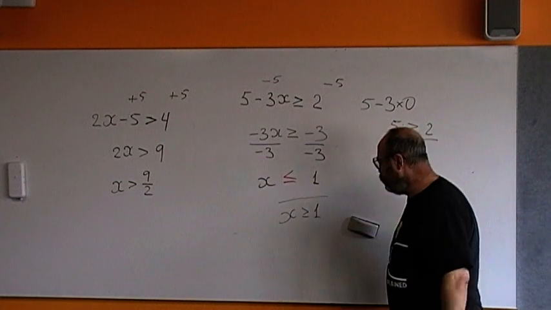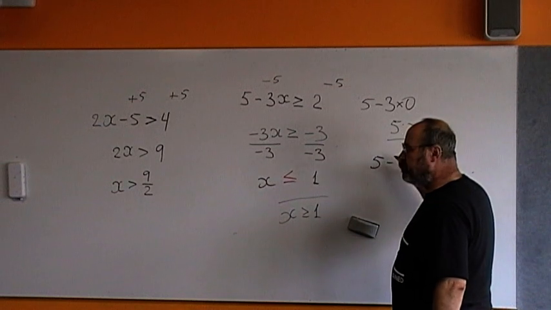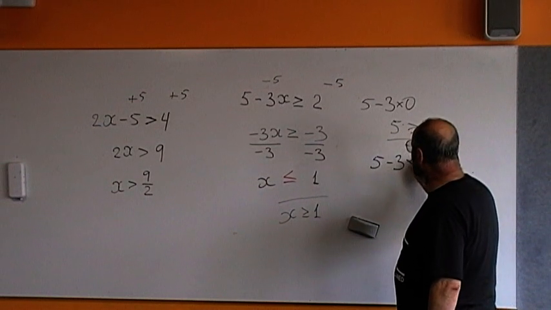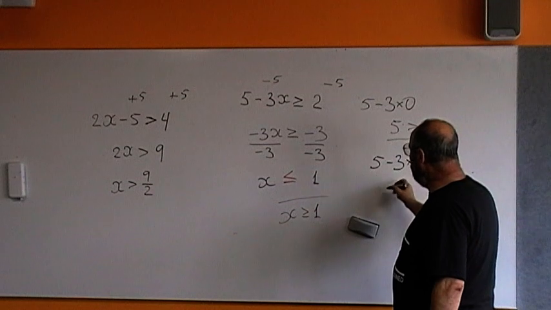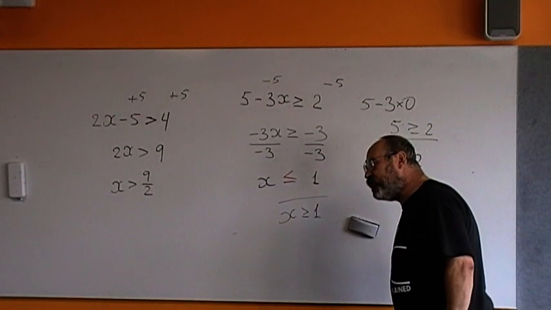Let's take 2. So we have 5 minus 3 times 2. 5 minus 6 equals negative 1.